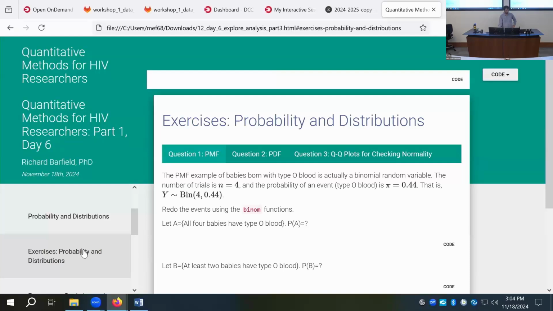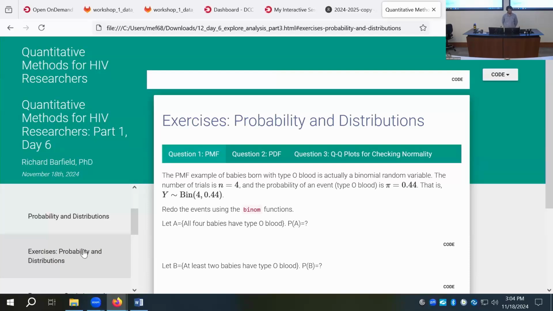All right. Okay, so we're going to go talk about this probability mass function. We had that babies with type O blood. Let's say it's actually a binomial random variable with 4 trials, right? And the probability of event is 0.44.